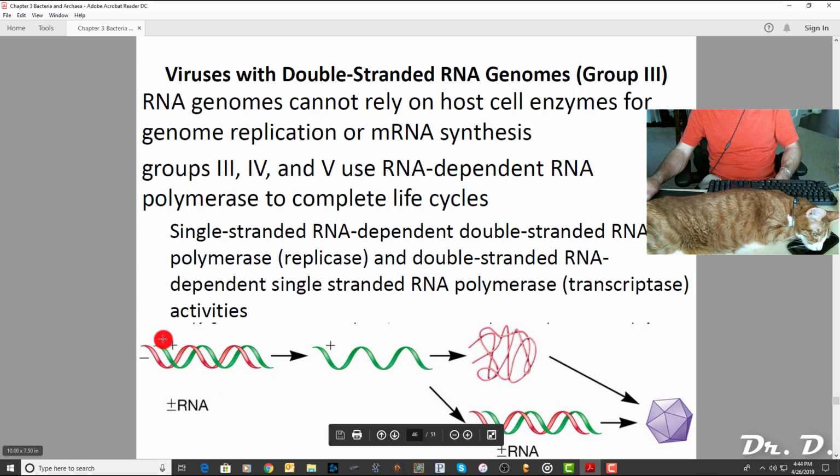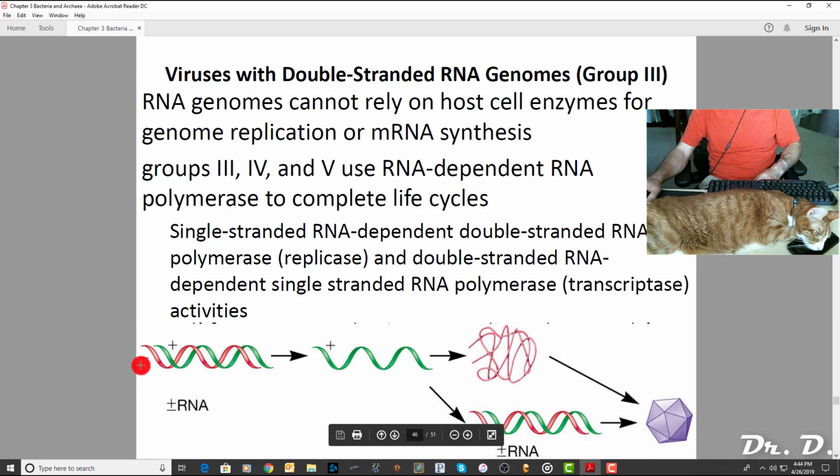With group 3, what do we need to know about this? Because this is an RNA genome, we have to make more RNA genome, right? So how do we do that? You need to know 2 major things. One is that the plus strand can be used as mRNA, so the ribosome can make all the proteins you need from that mRNA, including the enzyme required to copy.